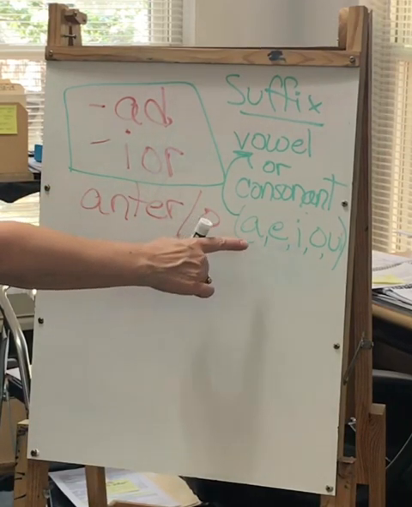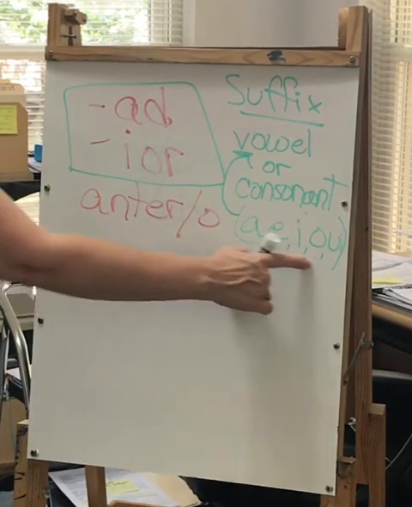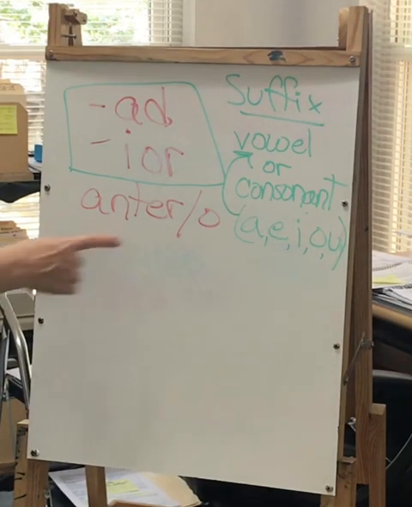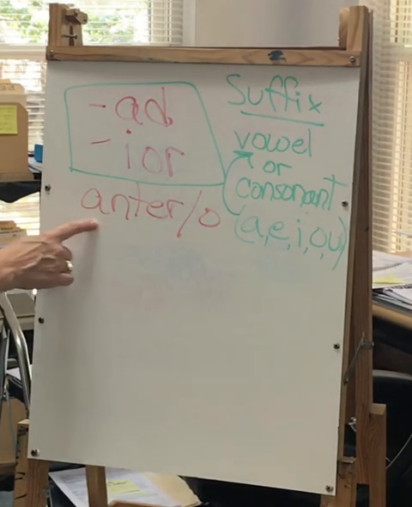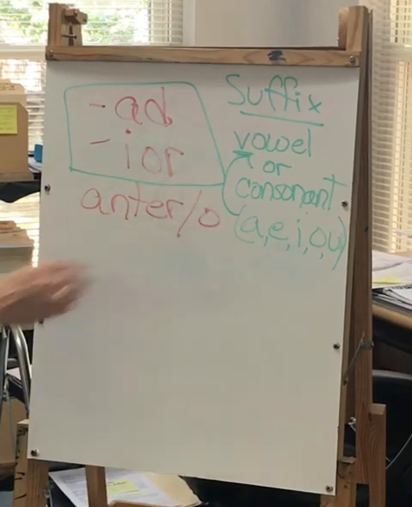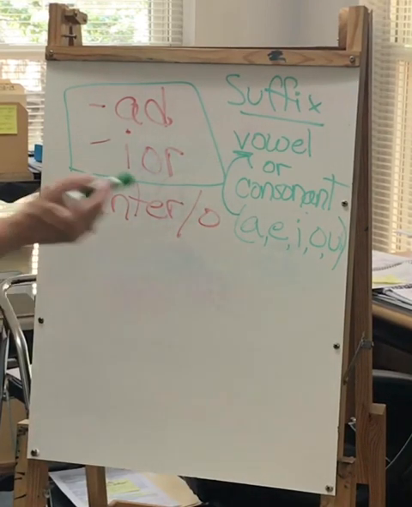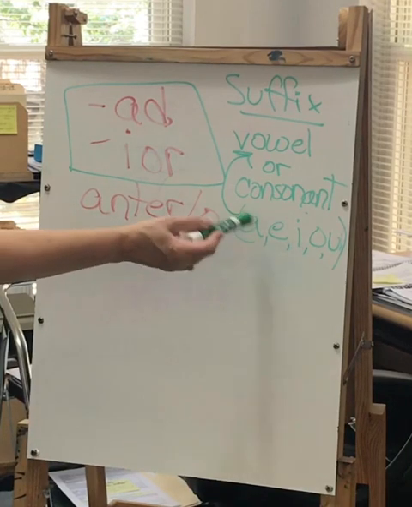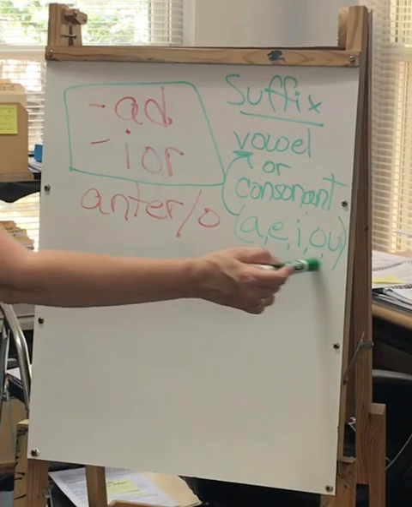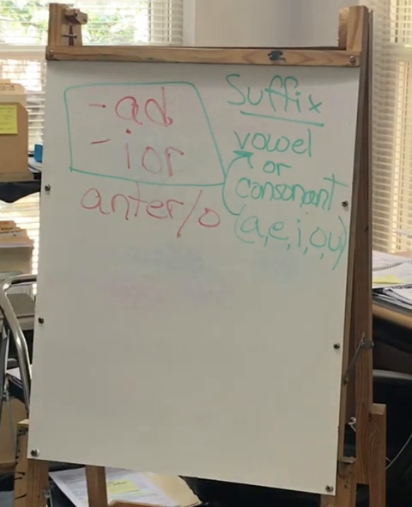If the suffix begins with one of these letters, you do not use a combining vowel. No CV, no O, so you would only use the word root part of enter/o. You wouldn't use the O because your beginning suffix would begin with a vowel if it began with any one of these 5 letters.